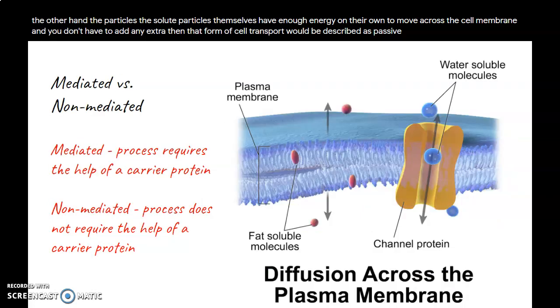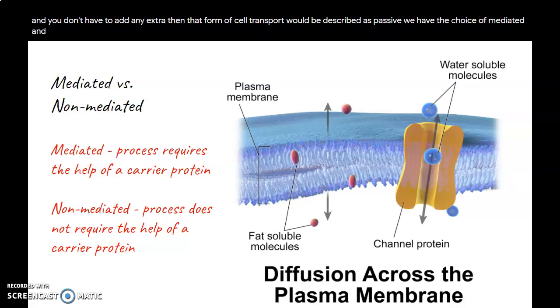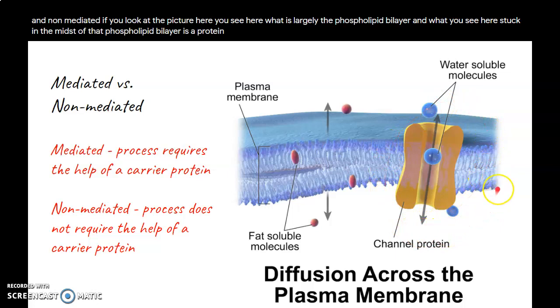Lastly, we have the choice of mediated and non-mediated. If you look at the picture here, you see what is largely the phospholipid bilayer, and stuck in the midst of that phospholipid bilayer is a protein, and that protein can act as what is called a carrier molecule.